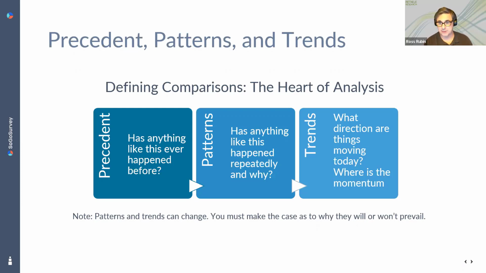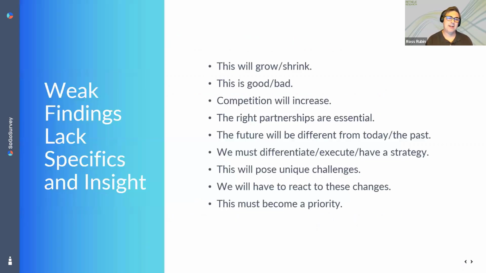Anything that you're tracking on a continuous basis, you're going to have a lot of good data to defend or deny whether any of these things hold true, whether there's precedent, whether we're seeing patterns, or whether we're seeing a trend. And then, as I note, it's not always going to be the case that these things are holding true. And you have to come up with the support as to why you think they will prevail or won't prevail. So beyond that, next slide.